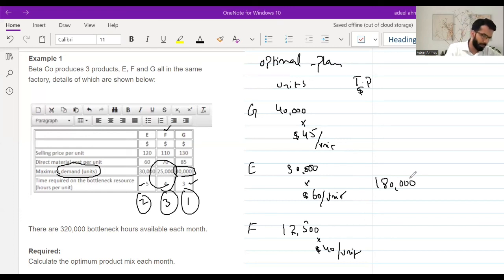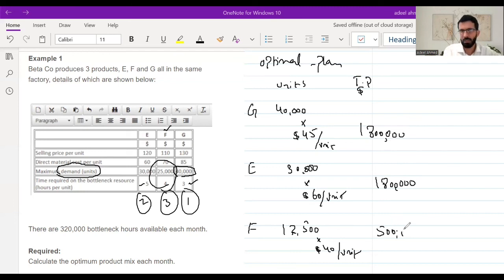So this would effectively allow us to also calculate our total throughput for each of these products we have. So 40,000 times 45, 1.8 million. Same is the case with the other one, 30,000 times 60, we have also the similar amount, and 12,500 times 40, we have 500,000.